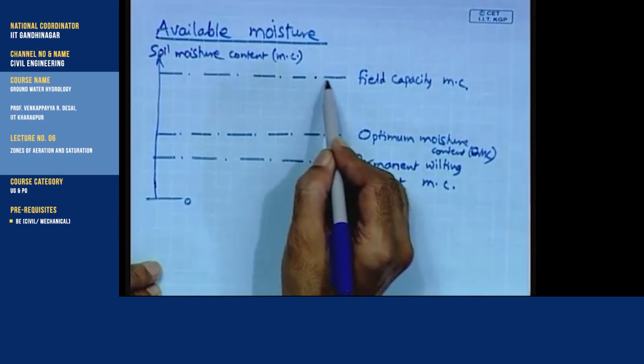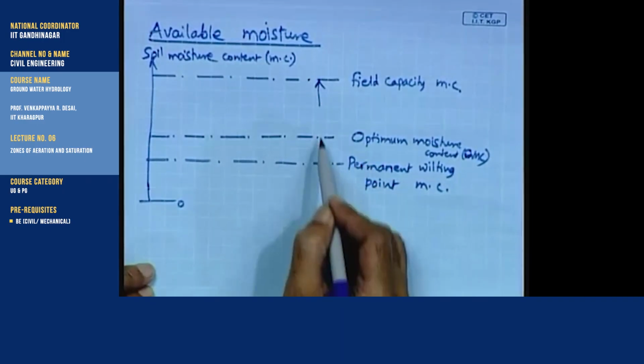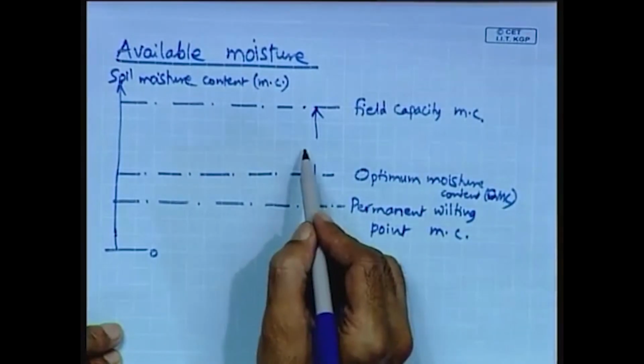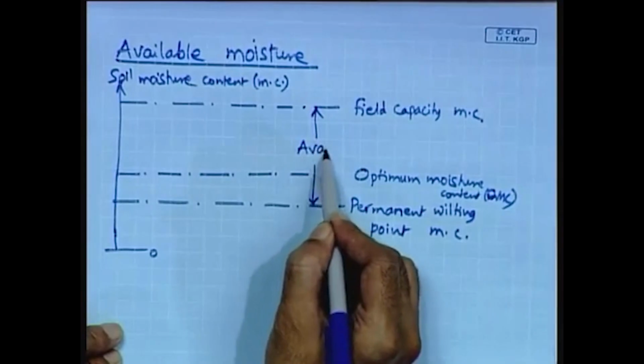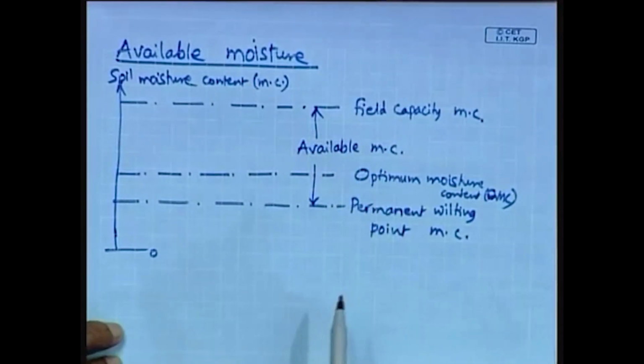So, this difference between the field capacity moisture content and the permanent wilting point is known as the available moisture content.